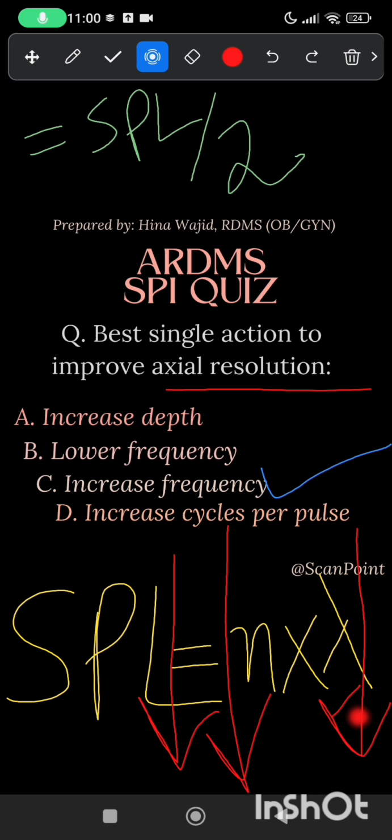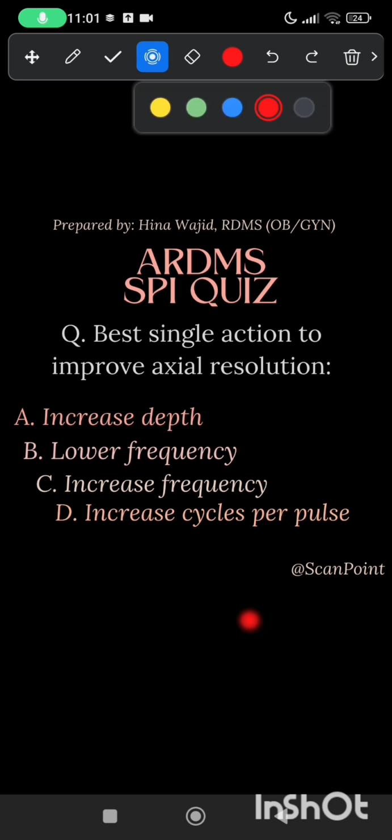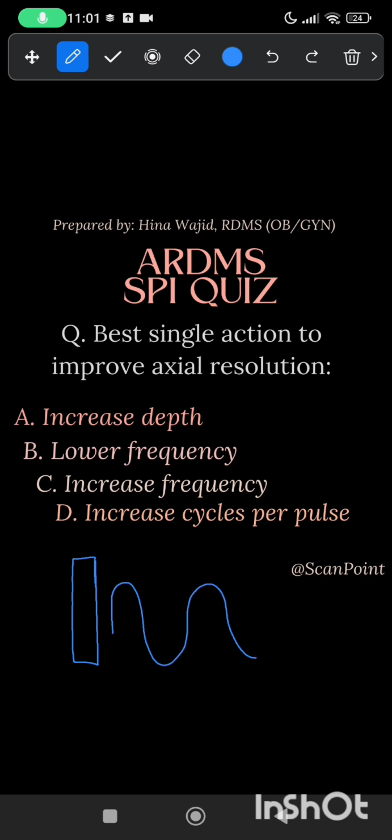Another way is to reduce the number of cycles per pulse. And how to reduce the number of cycles per pulse? The answer is damping or the backing material. Damping or the backing material is like the DJ which tells the crystal to stop. If there is no damping material behind the transducer, then the SPL is long, with more cycles.